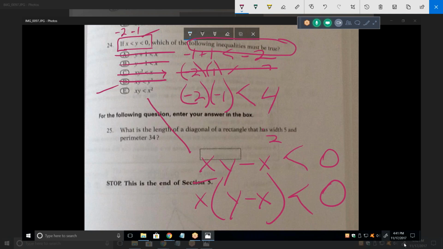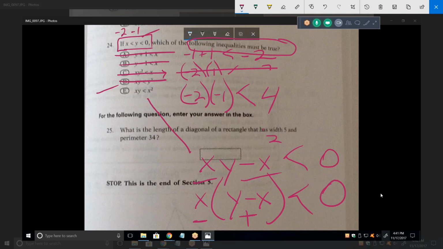In other words, this has to be an opposite sign of that. And the two numbers that we picked, it is. That's negative, that's positive. So I don't know that that necessarily helps much, but I don't think we need to prove it.